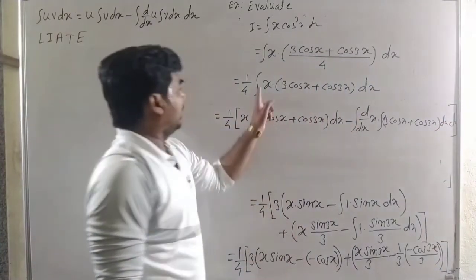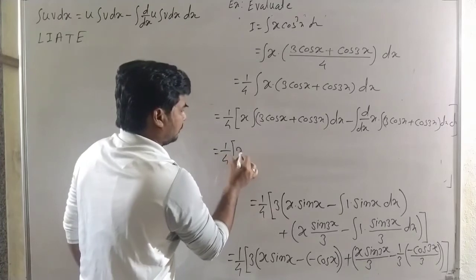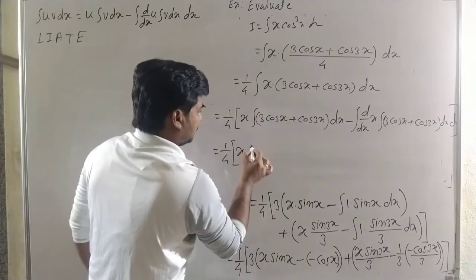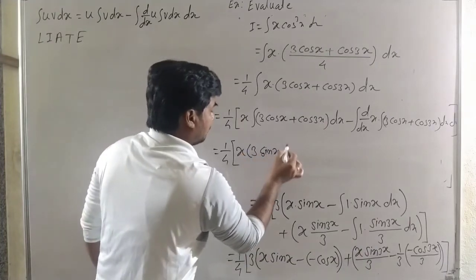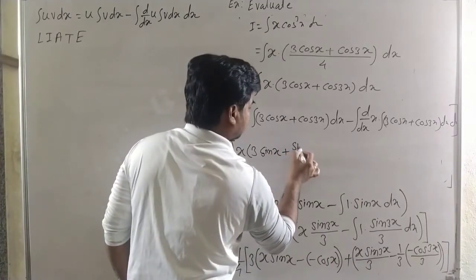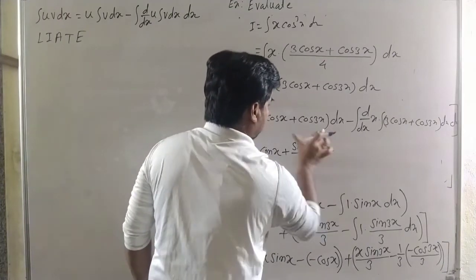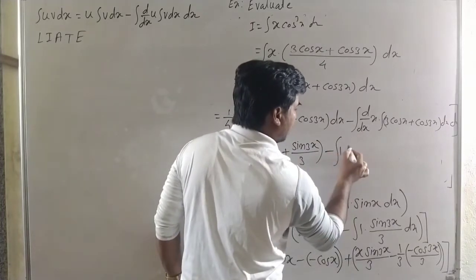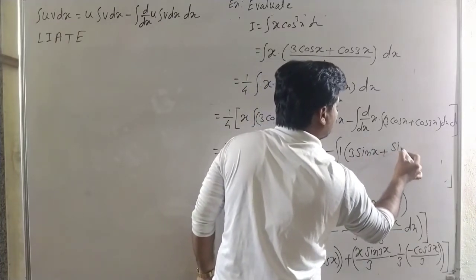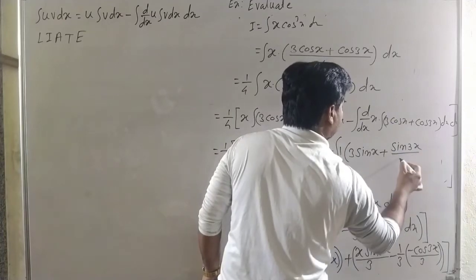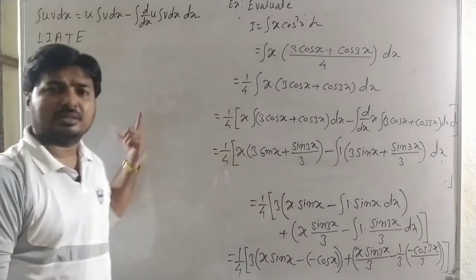Here it is u and it is v, and then by taking the integral, 1 by 4 into x as it is, the integral of this term is, see carefully, 3 sin x plus sin 3x upon 3, minus the integral of the derivative of x, which is 1, and here the integral 3 sin x plus sin 3x upon 3 dx, and again integrating, we get the same answer as the last answer.